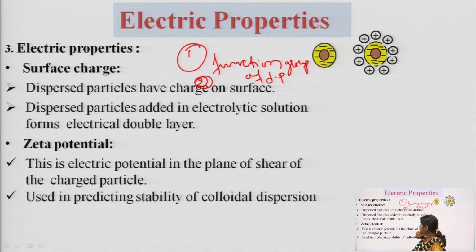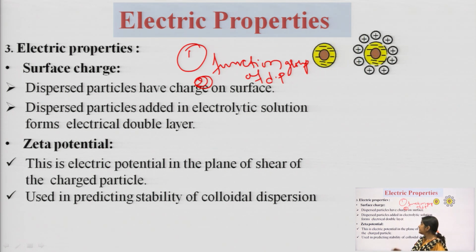if the ions which are present in the dispersion medium get adsorbed on the surface of the particles, and even in the case of pure water, the hydroxyl ions and the hydronium ions also get adsorbed on the surface of the dispersed phase. These points mainly contribute to the presence of charges on the surface of the dispersed phase of a colloidal system.